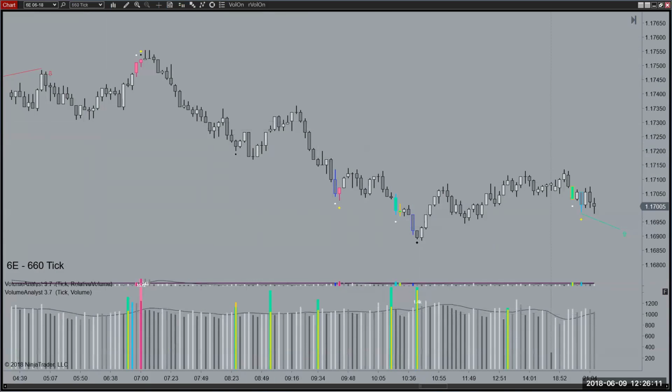So it's a completely different way of looking at volume, and the relative volume lets us see into it quite a bit better and actually see these really climactic type of volume moves. So it gives us much more detail.